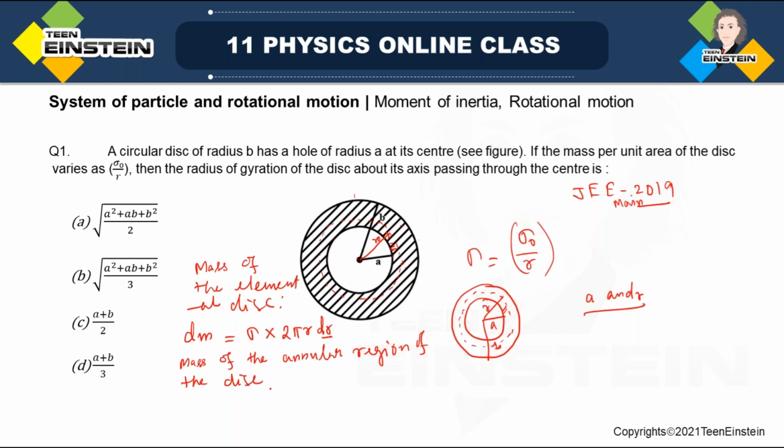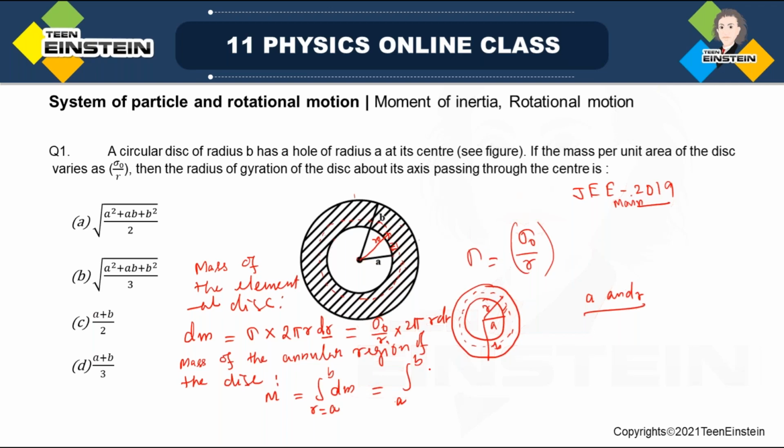That could be done by integrating this with limits r equal to a to b. Let us write this sigma over here. Sigma is sigma 0 by r, and this is 2 pi r dr. We have to integrate this quantity from a to b.